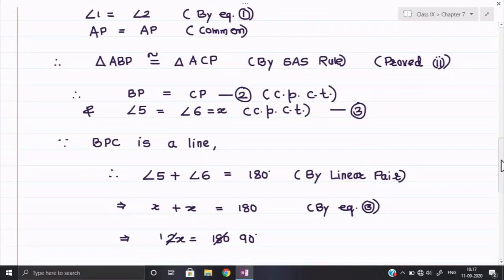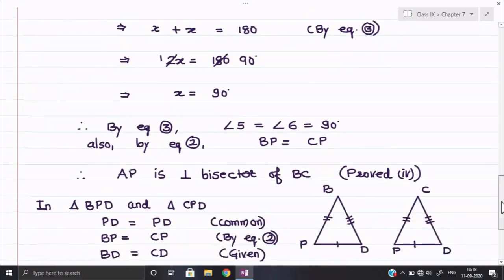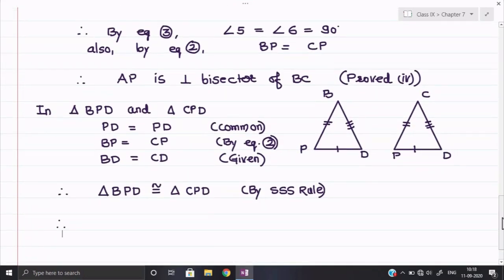Can we say that they are corresponding parts of the triangle we have proved congruent? So BDP is angle number third and CDP is angle number 4. We can say that angle 3 is equal to angle 4 because they are corresponding parts of congruent triangles.